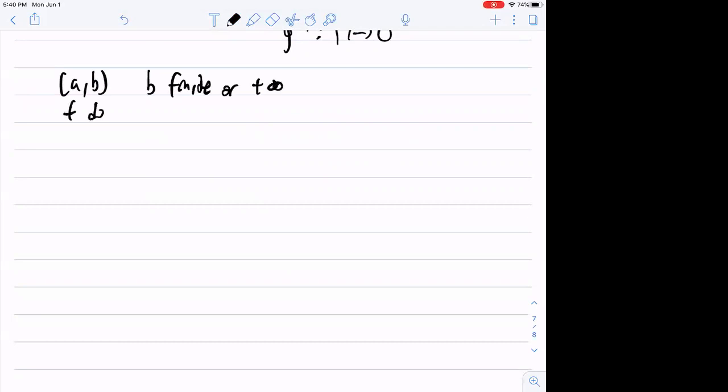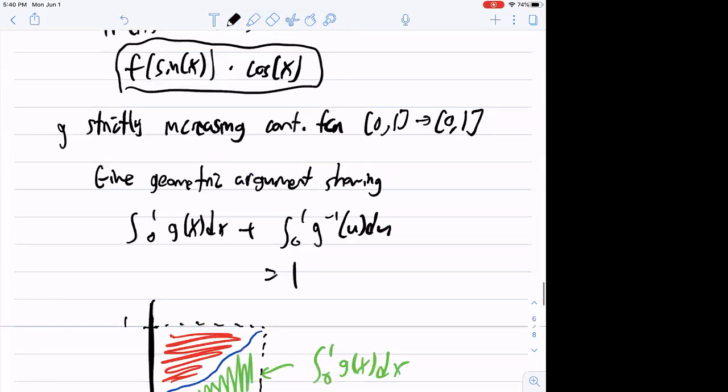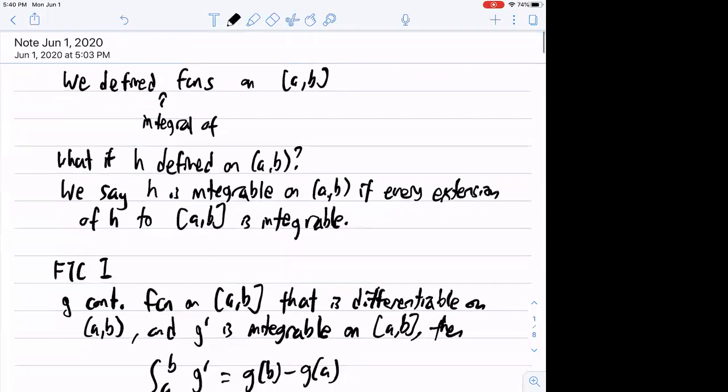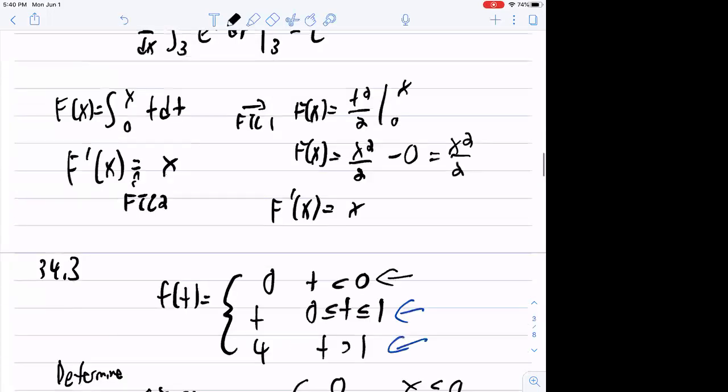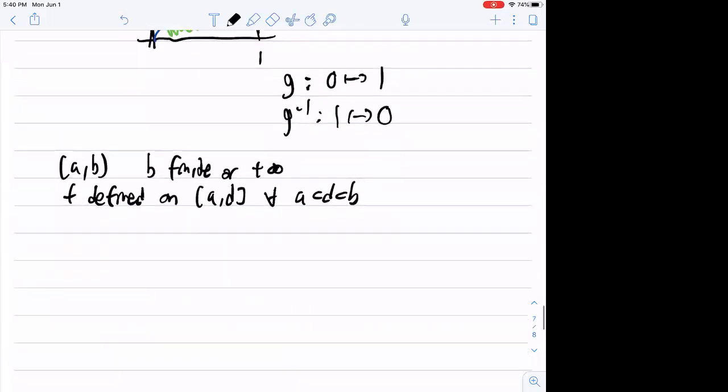So f is defined on A to D for all D with A less than D less than B. Again, this is the open part. Just like I mentioned earlier, what if we're defined on the open interval A, B? Then we sort of extend it. In general, it's like taking the limit as you go to B.